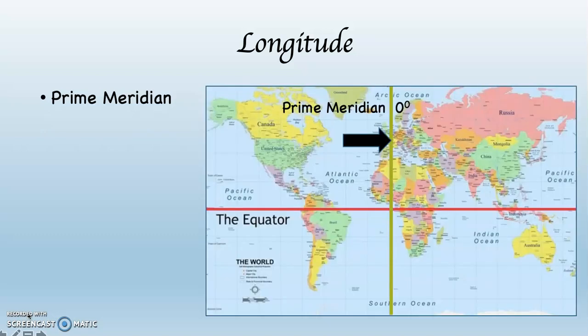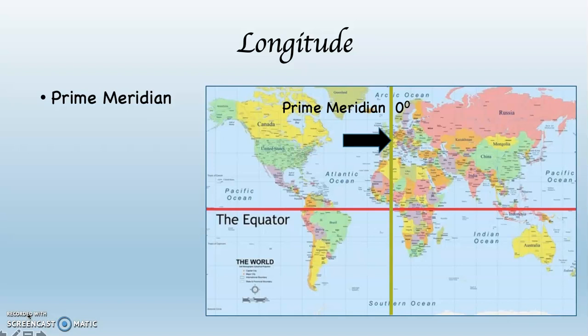Take a look at this map of the Earth. Now you can see the equator is on there with the red line, but now we also have this green line that indicates the prime meridian cutting at a right angle, a perpendicular angle, across the equator. And you can see that the black arrow is indicating there's the prime meridian. Its designation is 0 degrees.